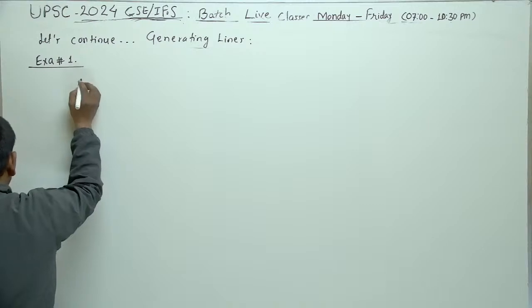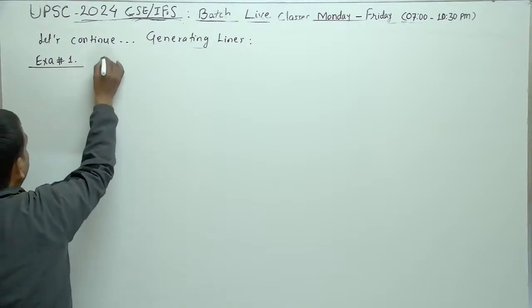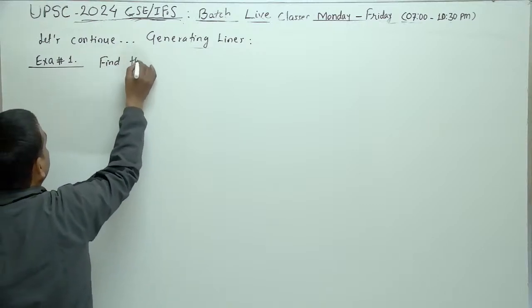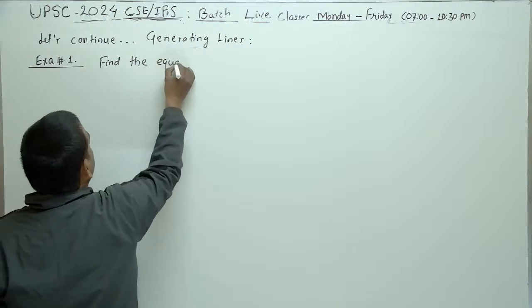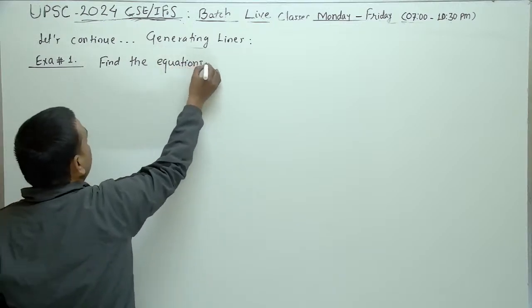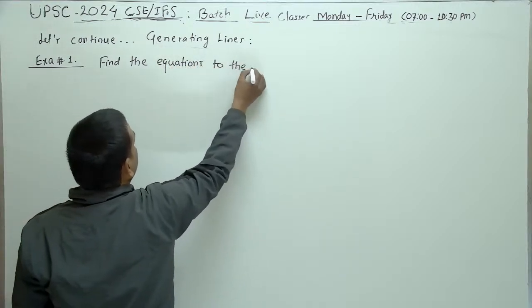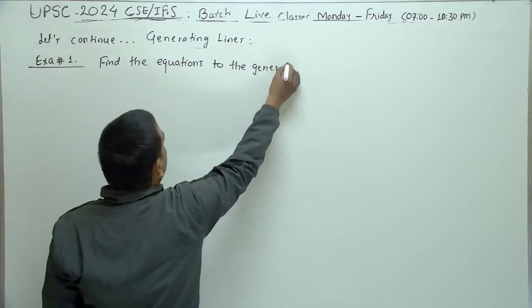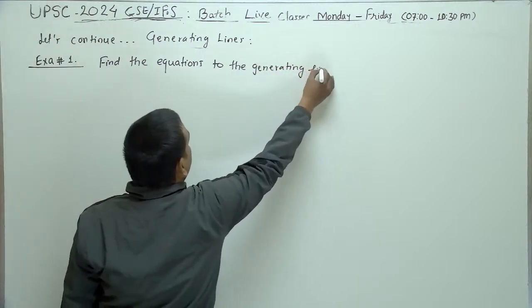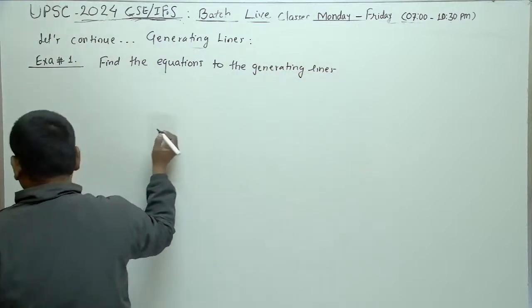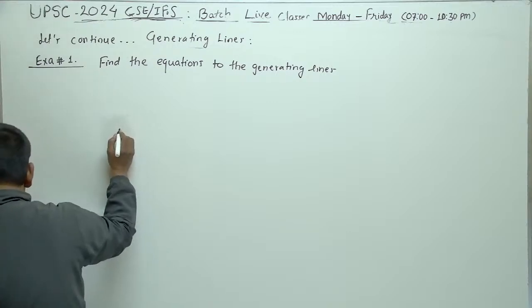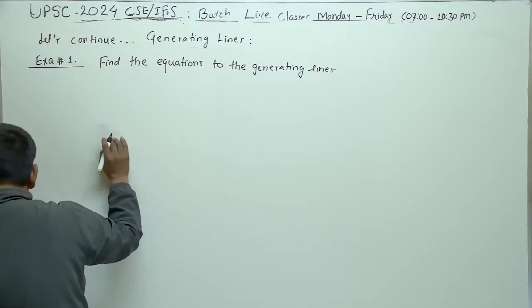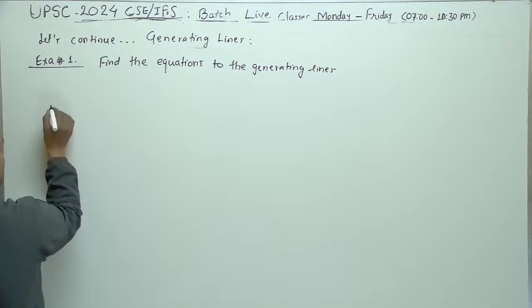Write it please. Find the equations to the generating lines passing through, कहाँ से पास करा है? Generating lines of the hyperboloid.